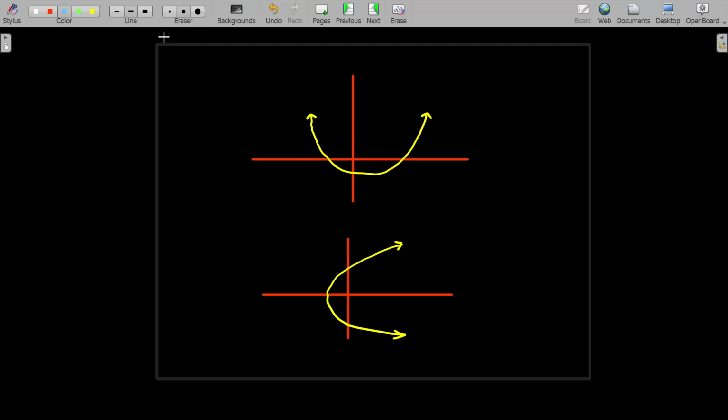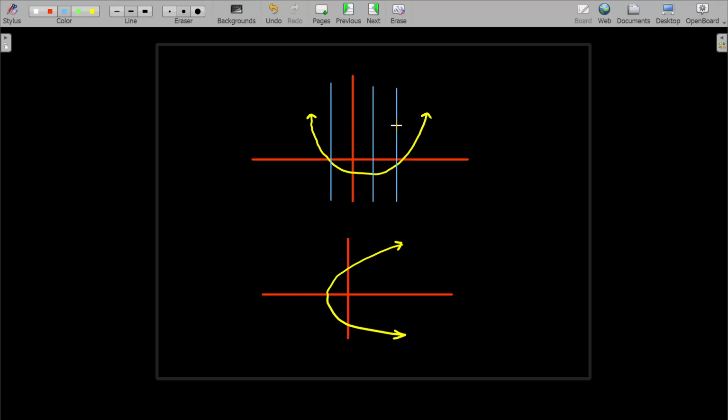Right. Your logic is absolutely correct. And there is a test which is called the vertical line test. Have you heard of it? Yes. The vertical line test says that we will draw a vertical line, and if that vertical line touches the graph at more than 1 point, then it will not be a function.